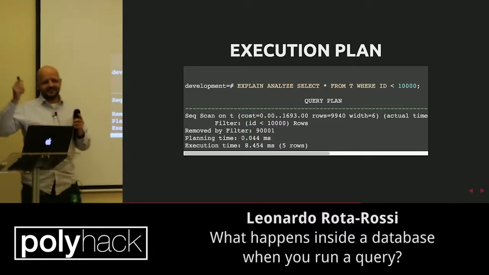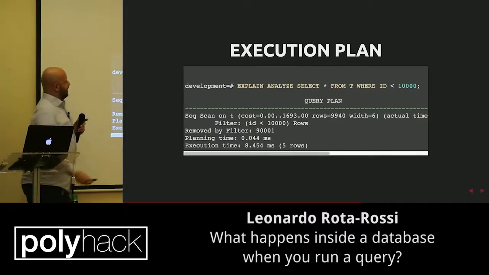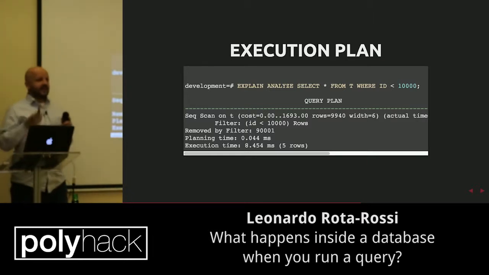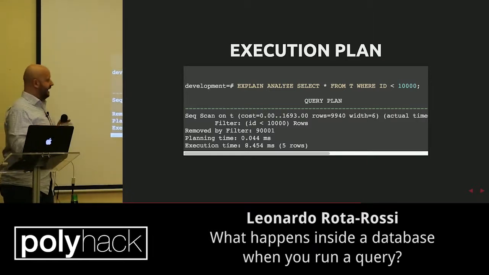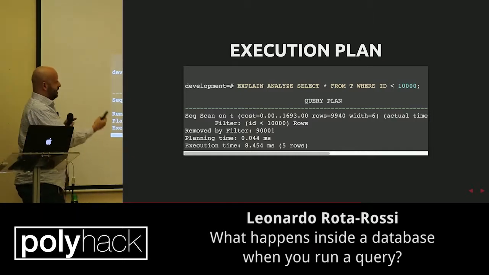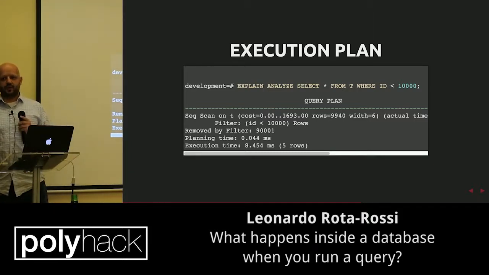So I'm taking 10% of my table, and I don't have an index here. This explain analyze in front does two things. The explain shows an execution plan, and the analyze, this is for Postgres, actually runs the query and shows you the actual time to run it.